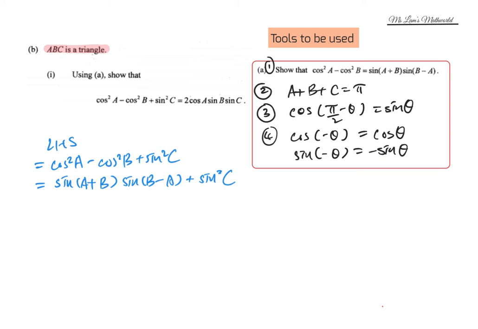And then we can start to think how to make this one disappear. Because we have addition, we can't just do it in this way. But first, maybe we can consider A plus B here, because A plus B plus C equals to pi, and then we can simplify a bit first. So we can get pi minus C, this one.